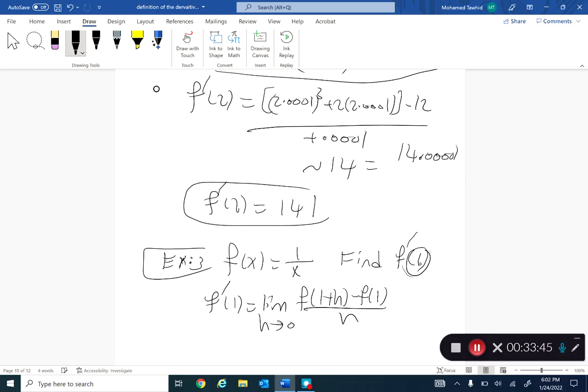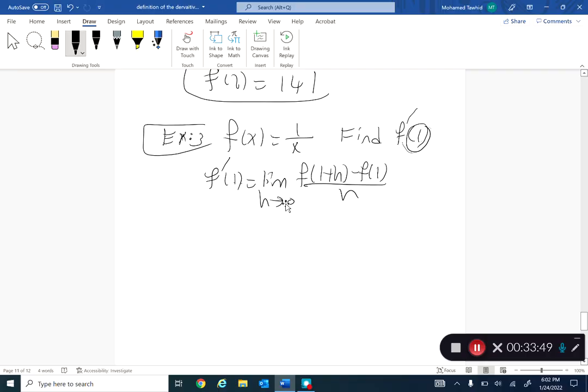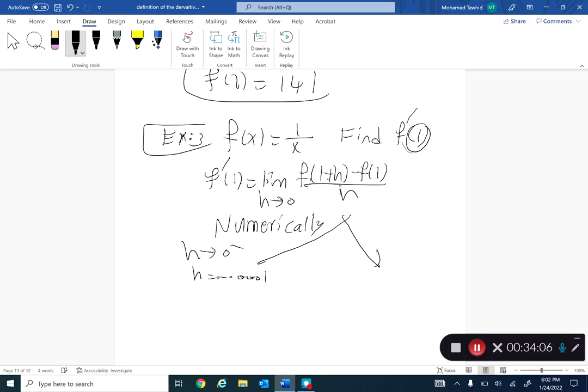What is your a? 1. So I replace: f prime of 1 is the limit as h goes to 0 of f of 1 plus h minus f of 1 over h. If you would like to do it numerically, you are going to do the left limit, h close to 0 from the left, which is negative 0.0001, and h close to 0 from the right, which is plus 0.0001.